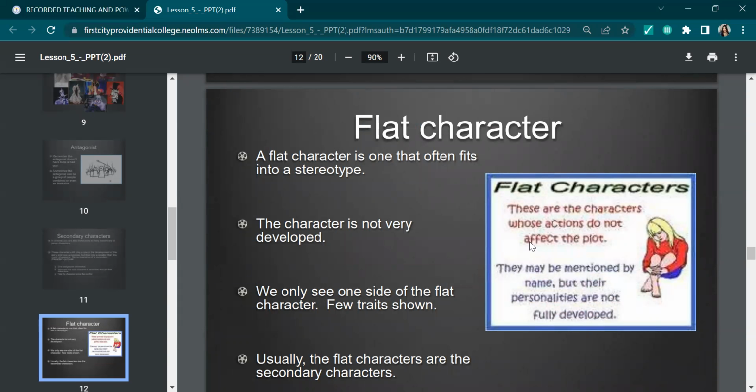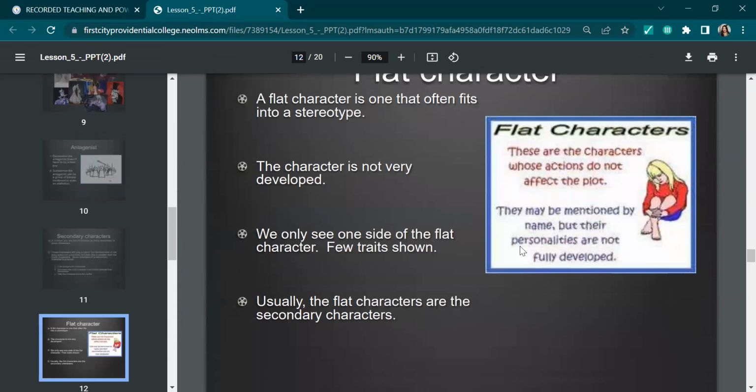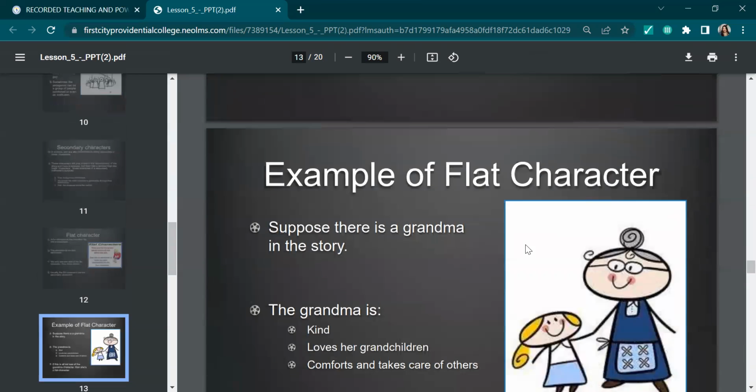Okay, so now let's talk about the flat character. A flat character is one that often fits into a stereotype, so they are not likely to develop. We only see one side of this certain character, and there are few traits to be shown. More likely, a flat character is one of the secondary characters.